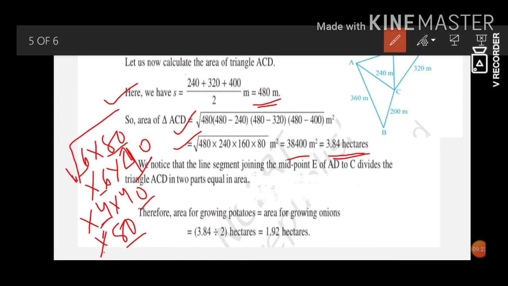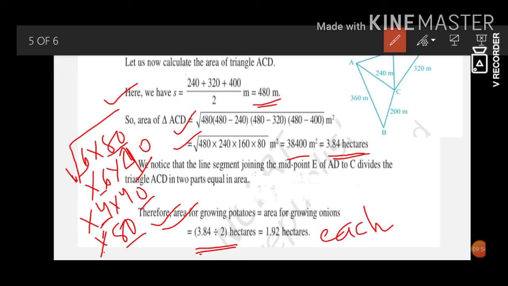So the area for growing potato should be equal to the area where onion is grown. So we will divide the area of ACD by 2. We will get 3.84 divided by 2 hectares, which is 1.92 hectares each, one for potato and one for onion.